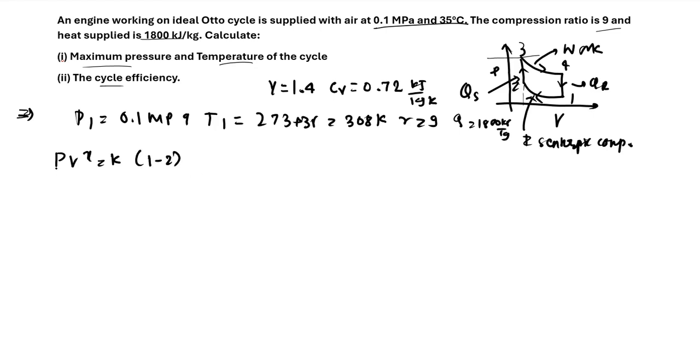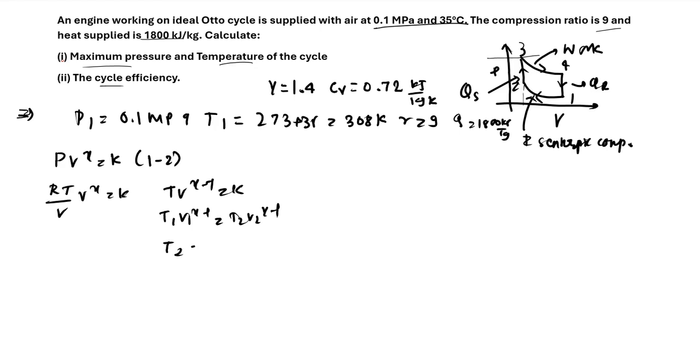So you can convert this P into terms of T using the ideal gas equation, P is RT by V. V to the power gamma is constant, you have T V to the power gamma minus 1 is constant, which will be T1 V1 to the power gamma minus 1 equals T2 V2 to the power gamma minus 1.